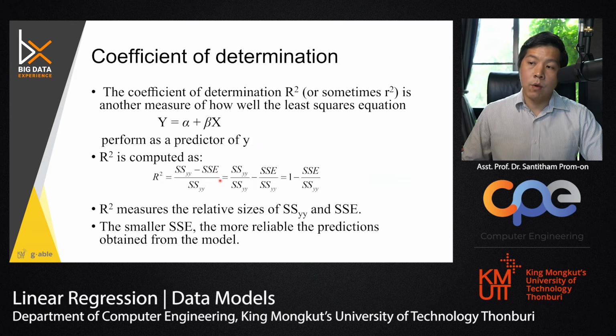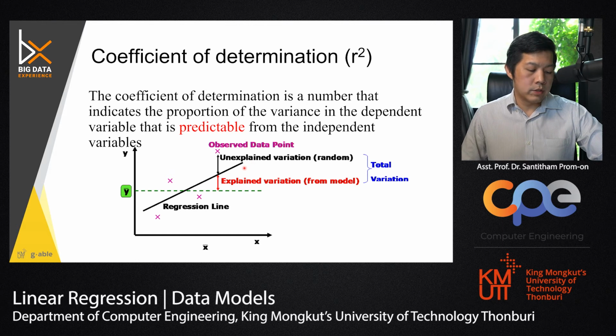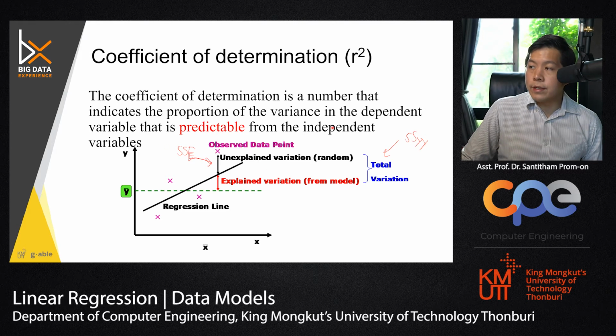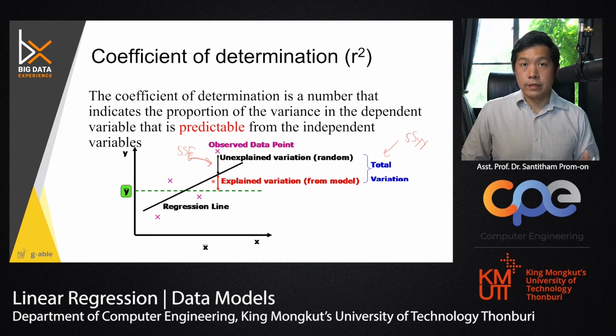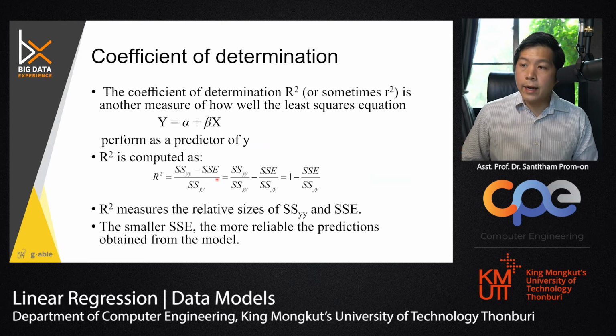If you take SSYY minus SSE, where SSE is the sum of squared errors calculation, you get the explained variance, the explained variation. And then divide that by SSYY.